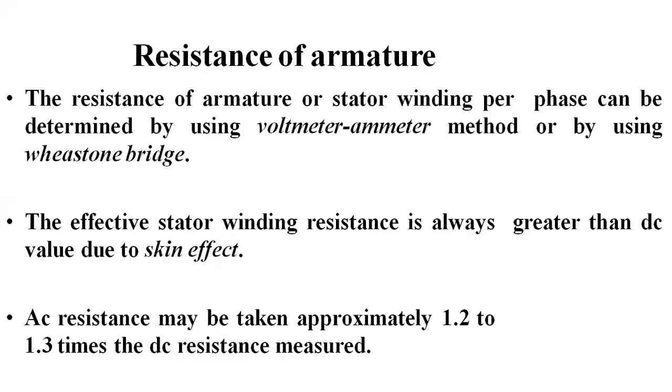The AC resistance may be taken approximately 1.2 to 1.3 times the DC resistance measured. Clear? We already know V equals I R, so R equals V by I. We are just measuring V and I.